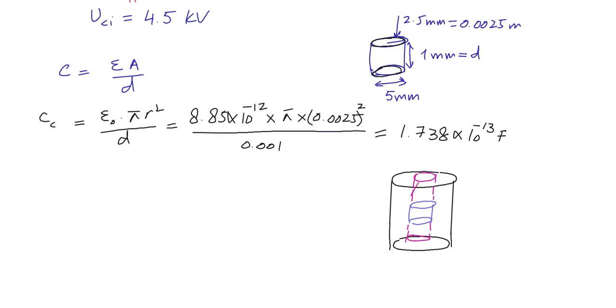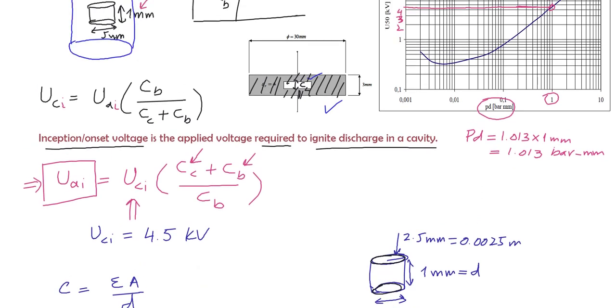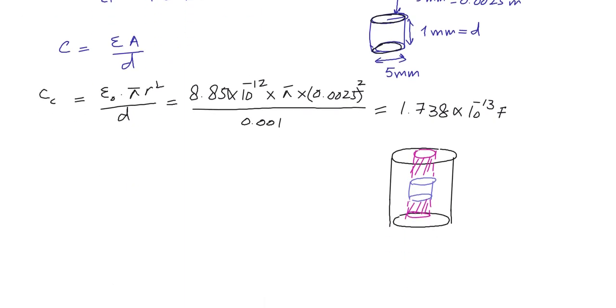Okay, so now area will remain the same as we are determining capacitance from here to here, excluding the cavity. So area of the discs will remain the same as the area of the cavity, but now the height will be, our total height of the insulator was 3 millimeter. So this total is 3 millimeter, and height of the cavity is 1 millimeter.